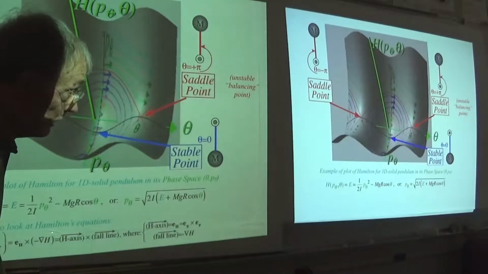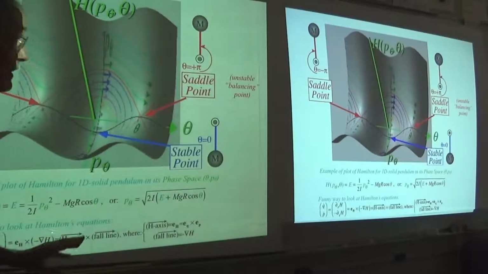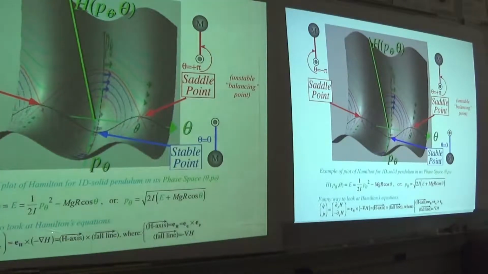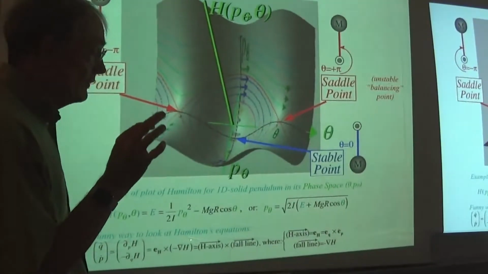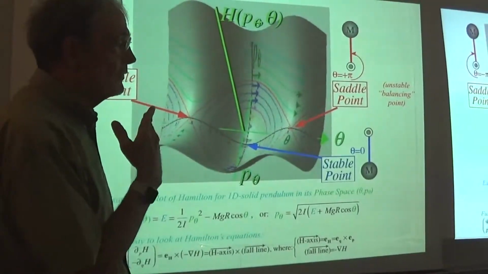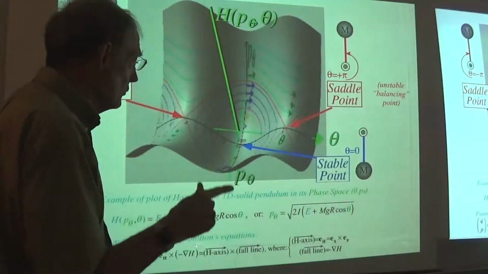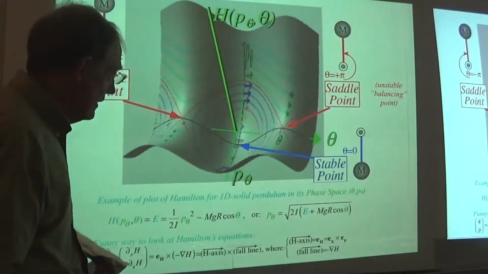I want to also show Hamilton's equation in a way that makes some sense of the minus sign that's in the Hamilton's equation. So, minus sign that goes on the partial derivative of the Hamiltonian with respect to coordinate, this little guy down here.